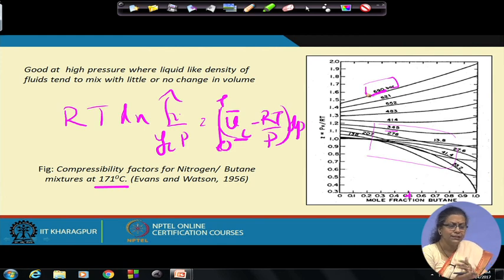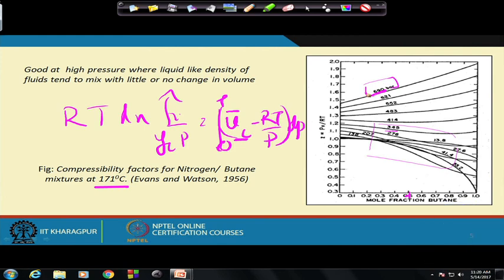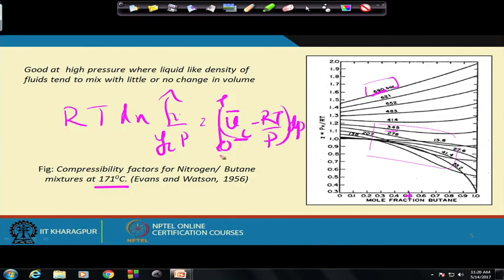So, just obeying Amagat's law of additive volume at any pressure does not guarantee that we can use the Lewis fugacity rule at that pressure, because for using the Lewis fugacity rule we need to consider this integral where the volume is inside the integral sign, and therefore the law of additive volume is required to be followed not only at the pressure of interest, but over the entire range of pressure from 0 to P. So, this has to be considered with caution.